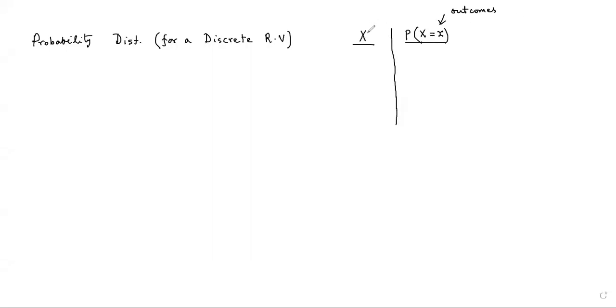And if the sample space from which the random variable X is taking the value is finite or countably infinite, then we call capital X a discrete random variable. And hence the probability distribution subsequently is known as discrete probability distribution.